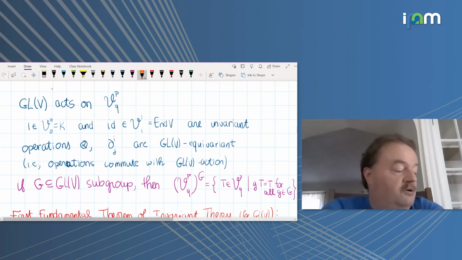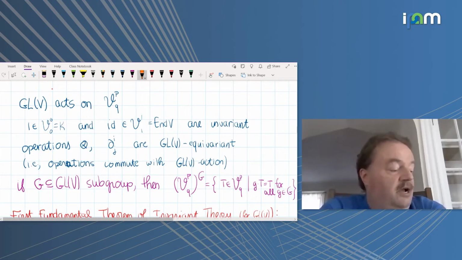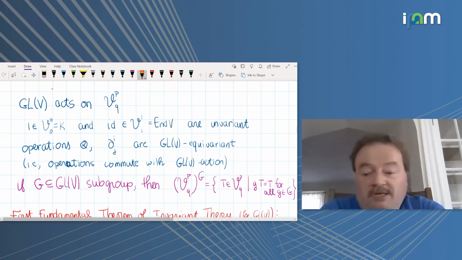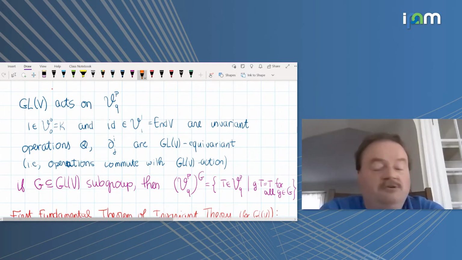So in particular, the one element and the identity are invariant under the GL(V) action. For example, GL(V) acts on End(V) by conjugation, and the identity is invariant under that action. And these operations that I have, such as the tensor product and these contractions, also respect the group action.